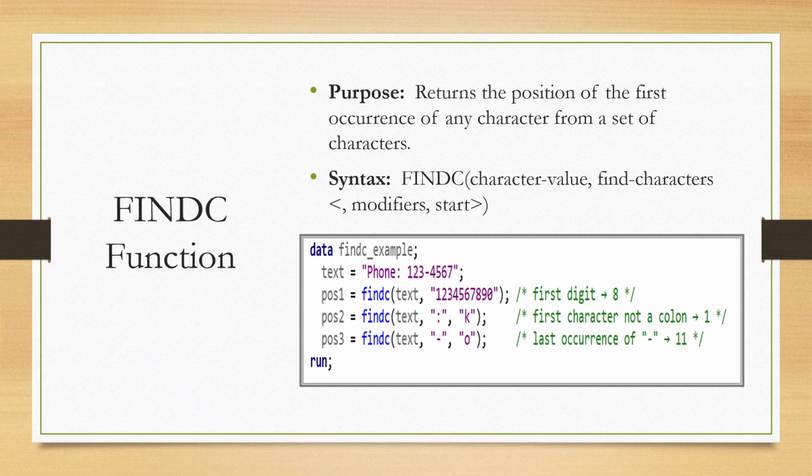For position 2 variable, we are giving a find characters list as the semicolon, and we are using the modifier K here. The modifier K counts only characters that are not in the list of find characters. So in this case, position 2 will again have the value of 1. For position 3, again, we have used the modifier O, and it will give the last occurrence of a hyphen, and that will be position 11 here.